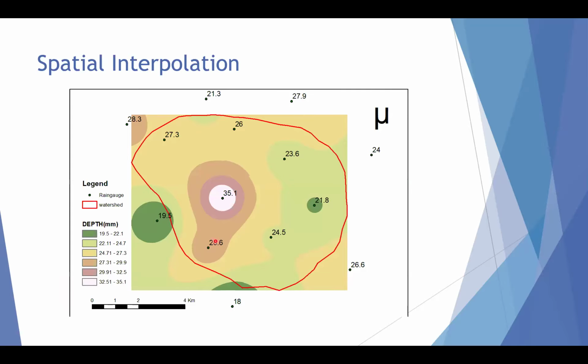Right. Now the other way is, I can actually do something called spatial interpolation. There are several interpolation algorithms available, like inverse distance weighted, kriging, spline, or you can get the spatially varying precipitation values.